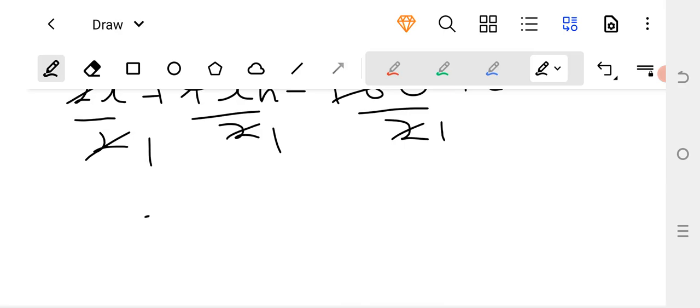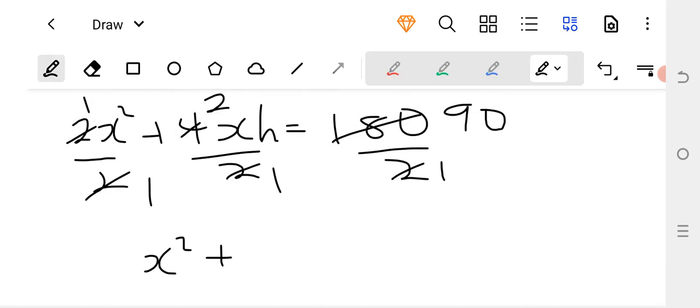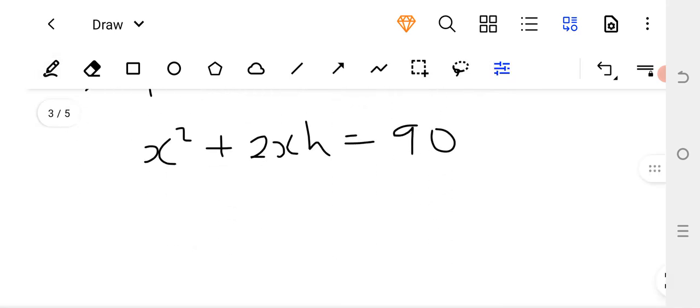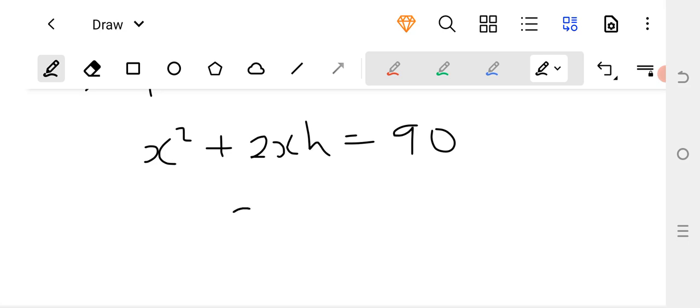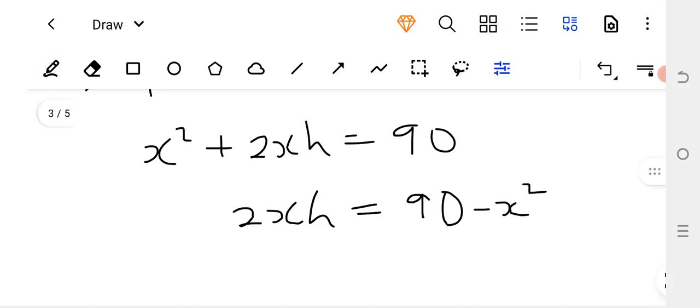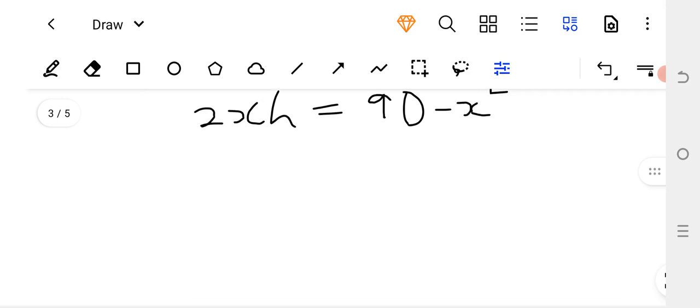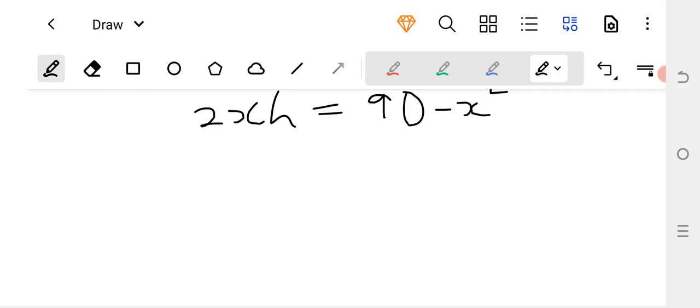I'm going to have x squared plus 2xh is equal to 90. So let's make h the subject. First of all, we take whatever is not having h to the other side, the normal procedure, and then we are going to divide this by 2x.